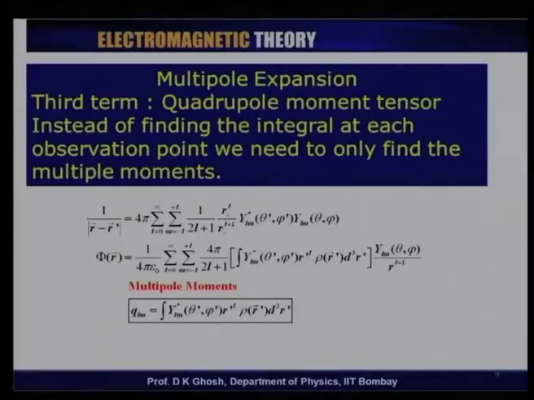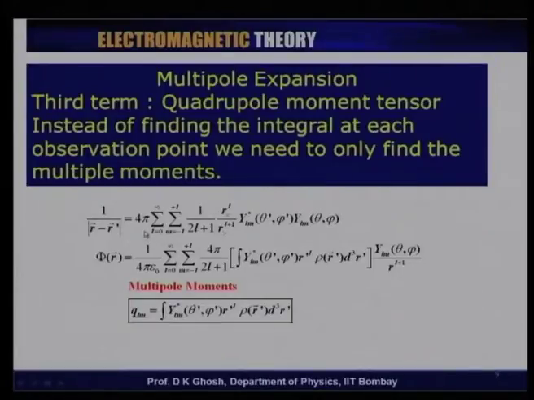So, what we are saying is this, that 1 over r minus r prime, remember vector r has components in spherical polar as r theta phi, and r prime as r prime theta prime phi prime.